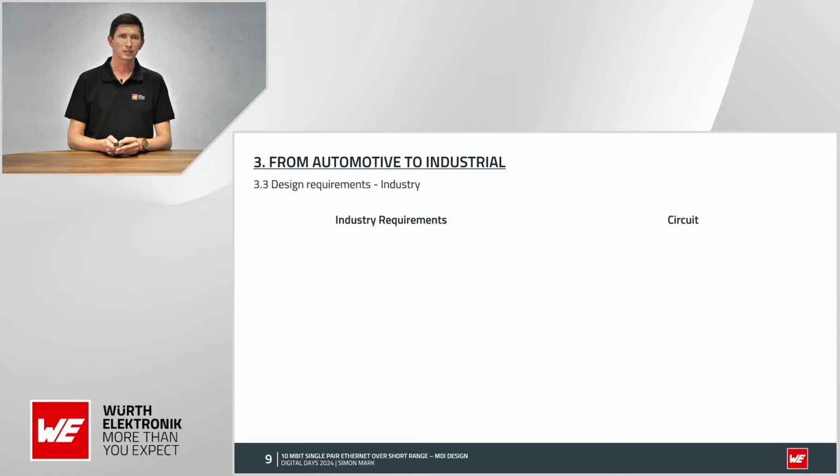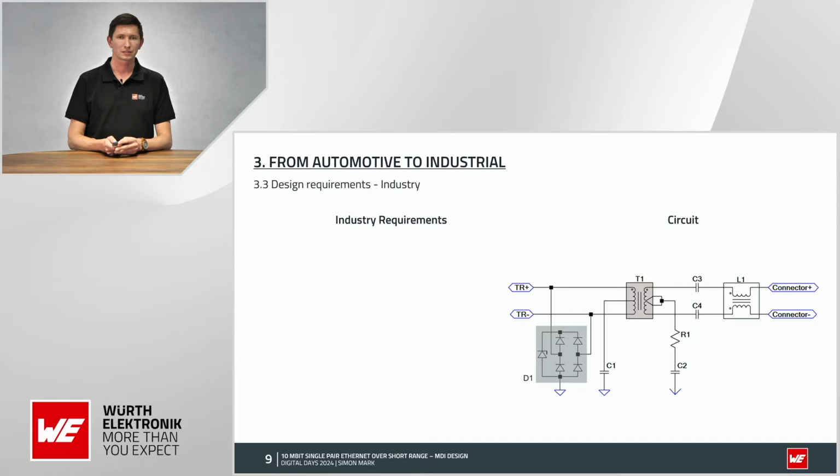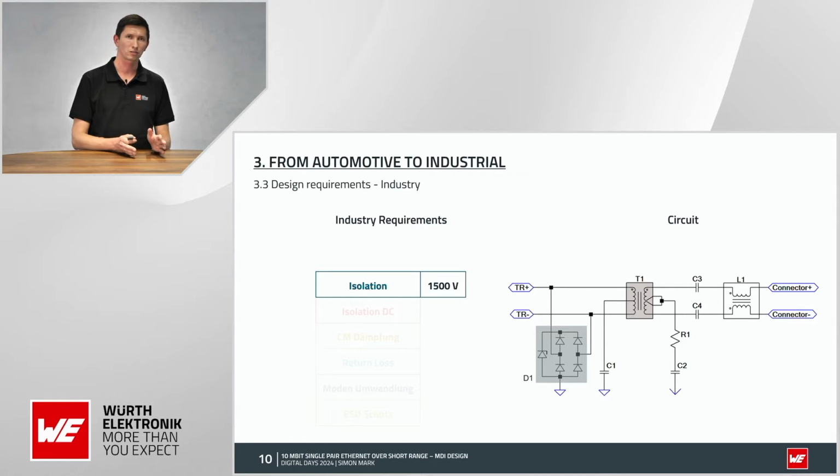But in the industrial area, you have slightly different requirements. It is similar, but you need, for example, at the beginning an isolation of 1500 volts. You can establish it through capacitors only, but it is expensive and they are big, so the easiest way is to do this over magnetics.